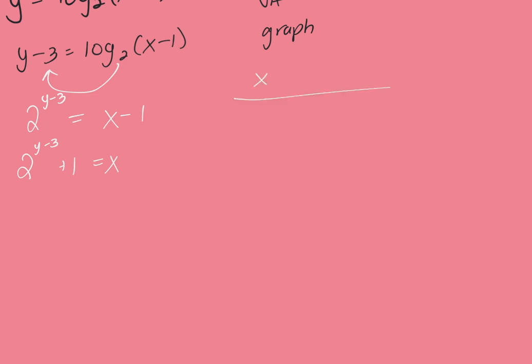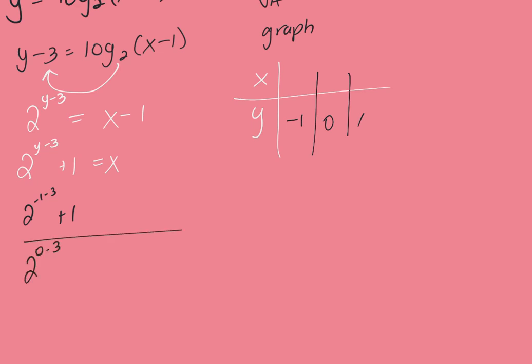So then I would plug in x, y. This goes into the y. Negative 1, 0, 1. 2 to the negative 1 minus 3, plus 1. 2 to the 0 minus 3, plus 1. And 2 to the 1 minus 3, plus 1. This would be 1/16 plus 1, or 1 and 1/16.